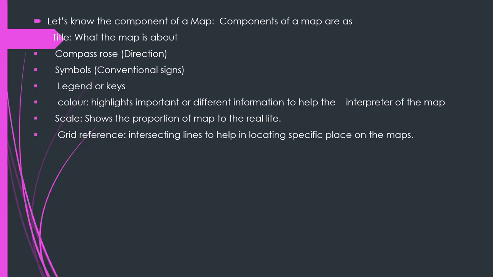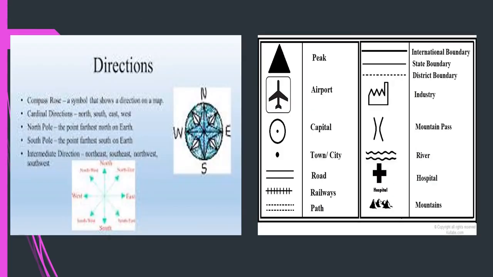Scale shows the proportion of the map to real life. Grid reference: intersecting lines to help in locating a specific place on the map. Now, with some pictures.